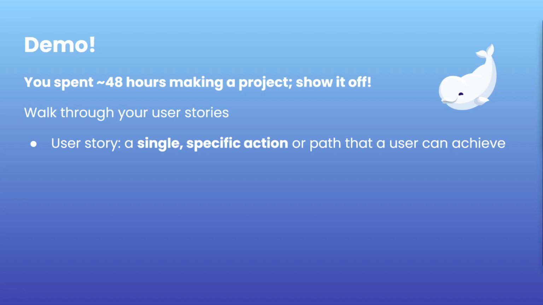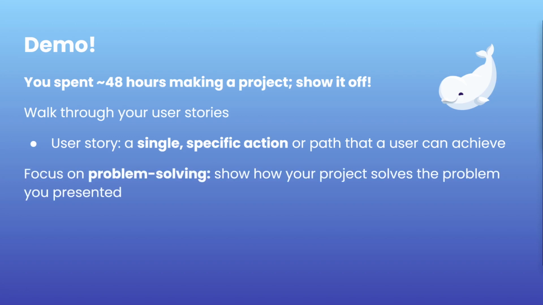A user story could just be logging into the application, or referring to the previous hack on sustainability, it would be taking a photo of the fridge and getting a list of the foods inside, right? A user story is any action that a user can take that goes from an action and leads to an end result. You don't need to make these user stories explicit when you're presenting, but rather just make sure you walk through as many of the user stories as you can within your given time frame.